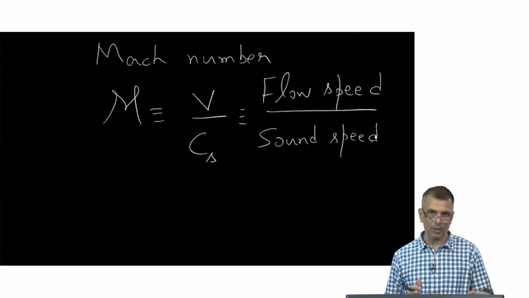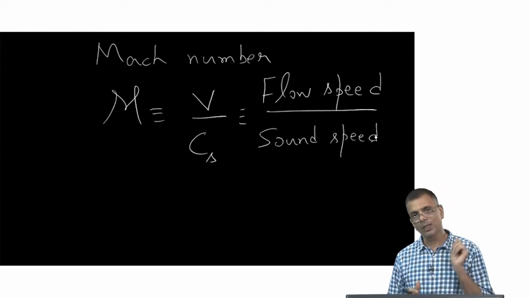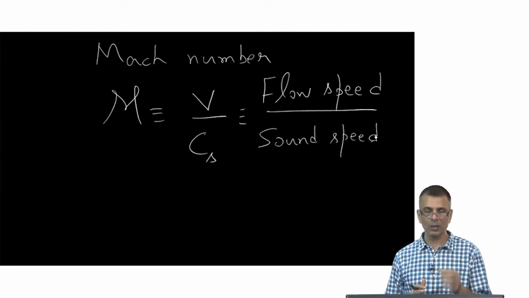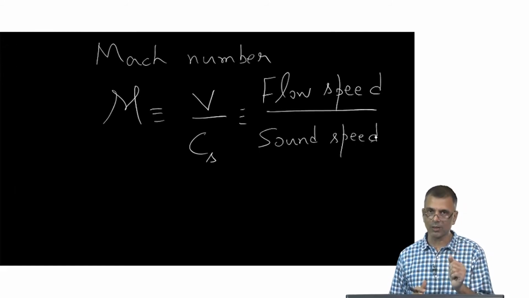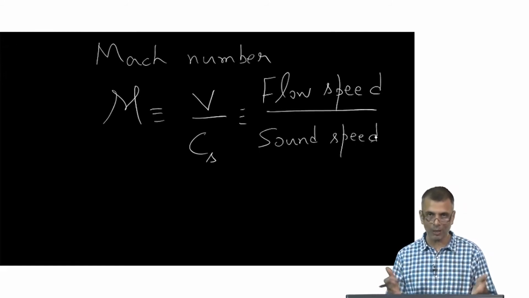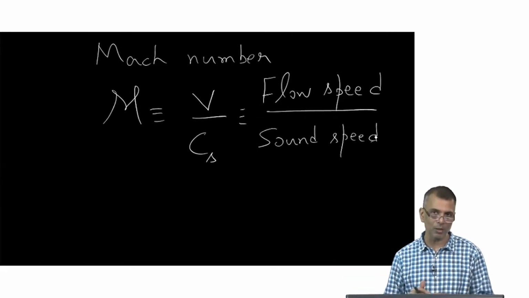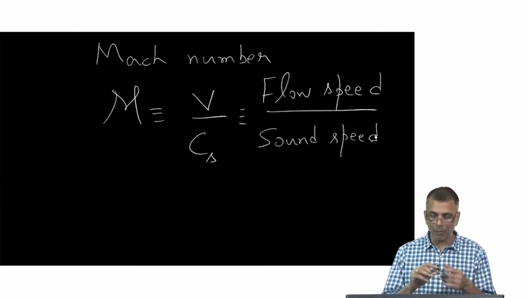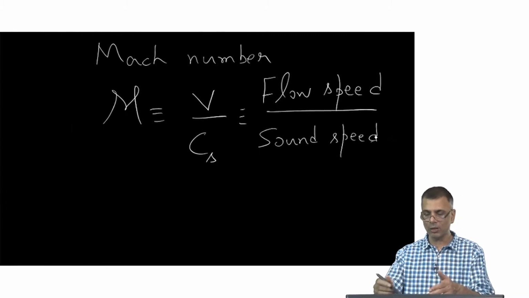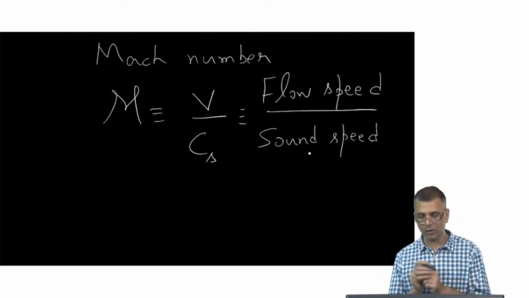It does not matter. The speed of sound is always the same, and it is the characteristic speed at which small pressure disturbances travel. I'm simply telling you the definition at this point. We will illustrate this in some more detail as we go along. So that's the speed of sound, and the Mach number is the ratio of the flow speed to the sound speed.